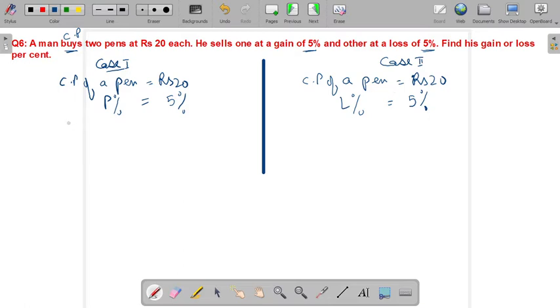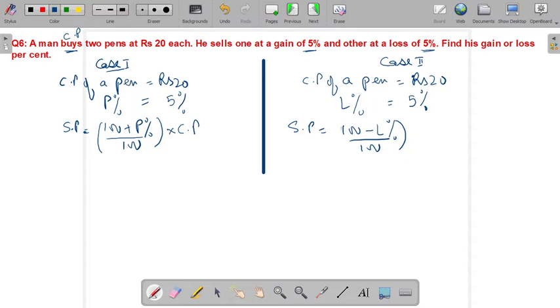So we will find out the selling price in both cases. So SP equals 100 plus profit percent upon 100 multiply CP, and here the formula will become 100 minus loss percent upon 100 multiply CP. So let's try to find out its value.